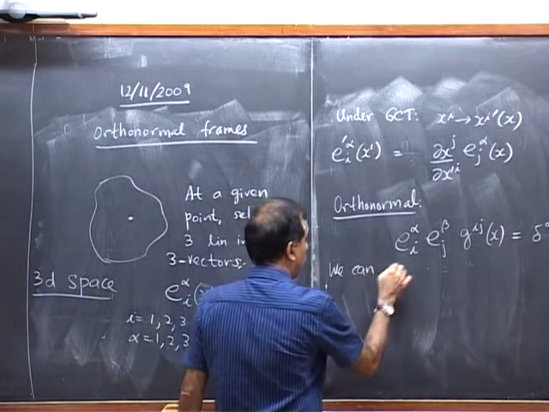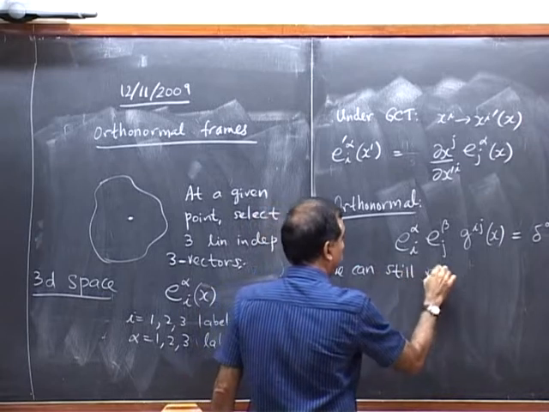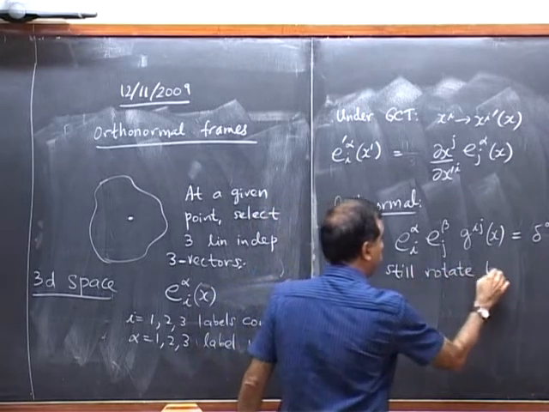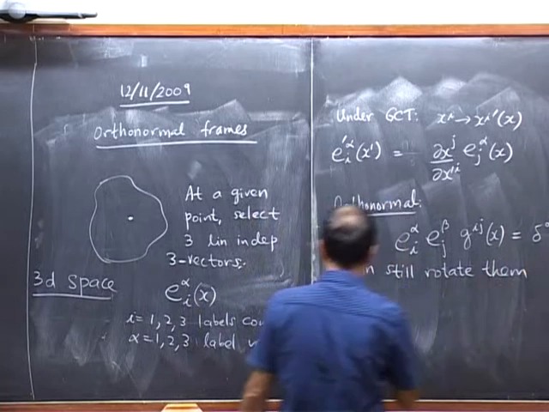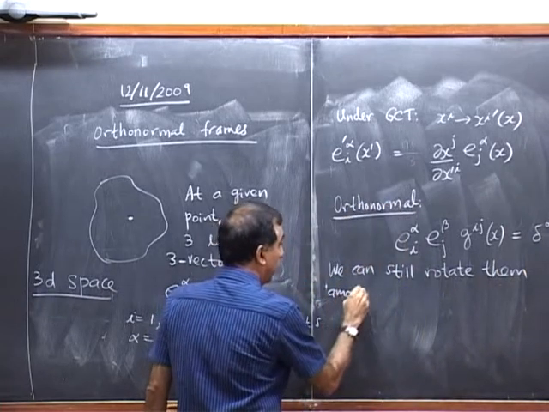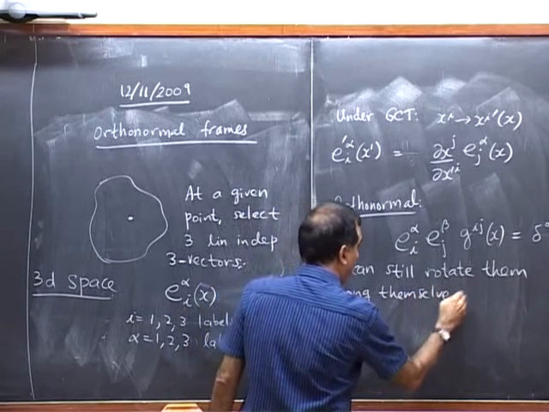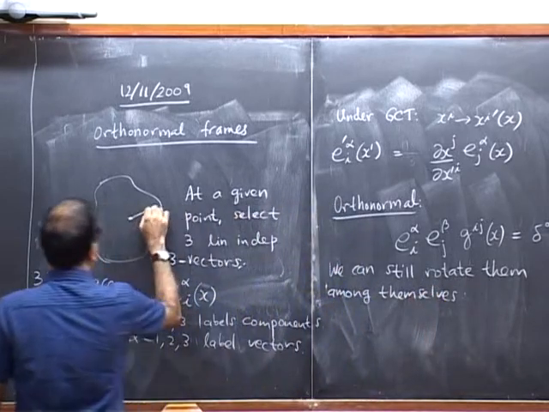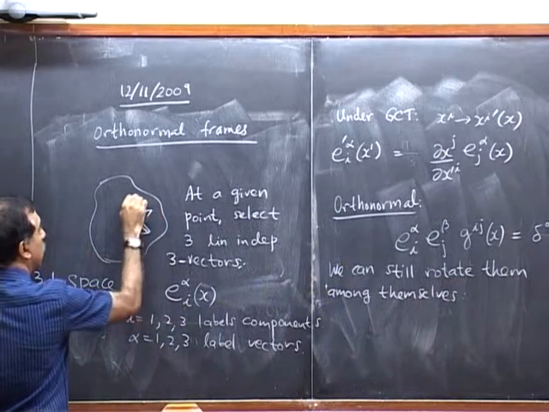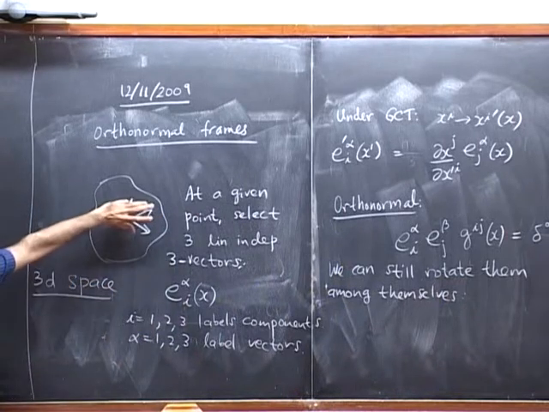We can still rotate them among themselves. But now be very clear what we are doing. Rotate means I've got 3 chosen orthonormal vectors.